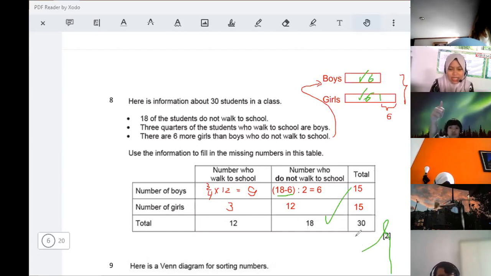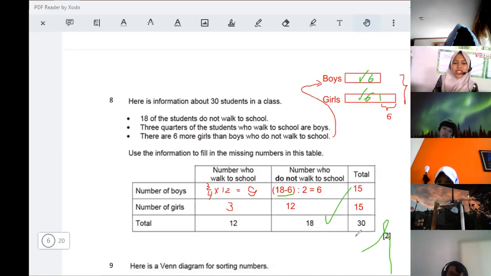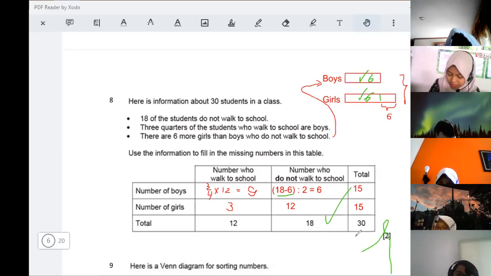For number 8, any questions, class? Okay, chat, any question, chat? Please make sure you write this answer in your book.